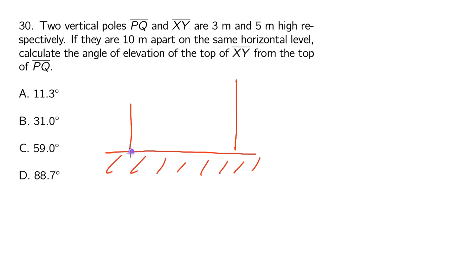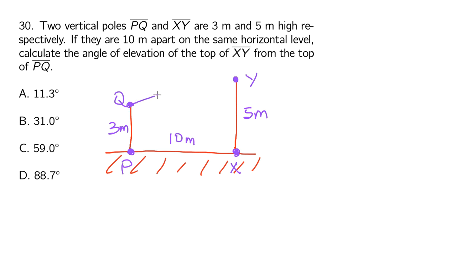So from here to here, we are told is 10 meters. The shorter pole is PQ, this is 3 meters, and the taller pole is XY, which is 5 meters. And we are supposed to find the angle of elevation from here to here.